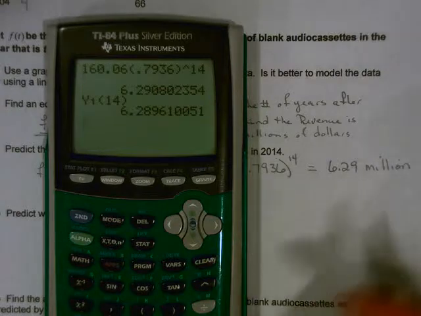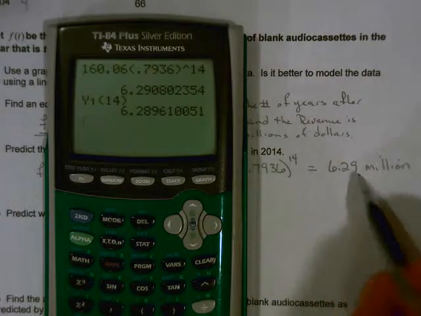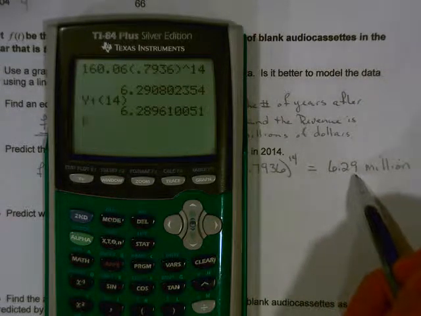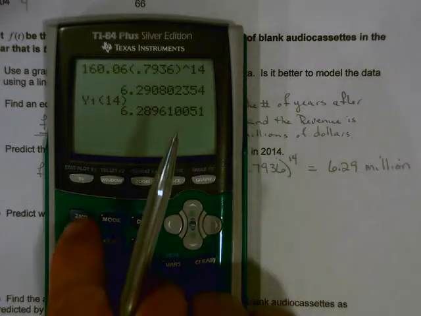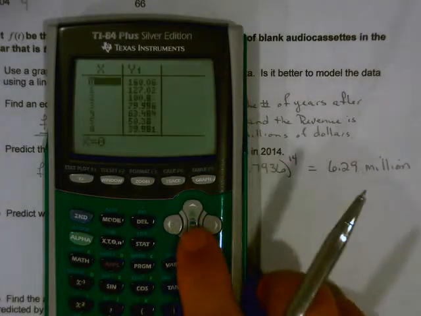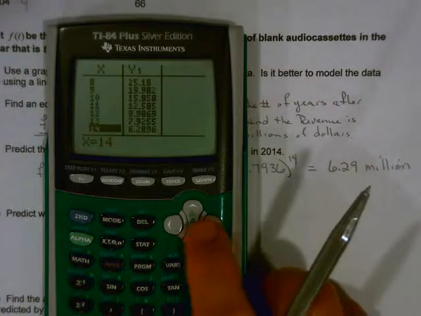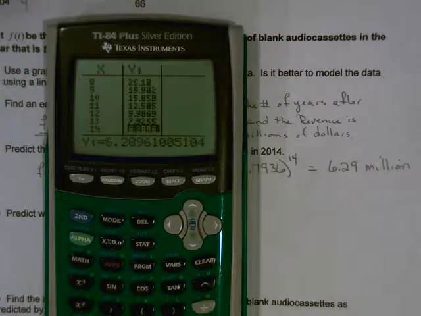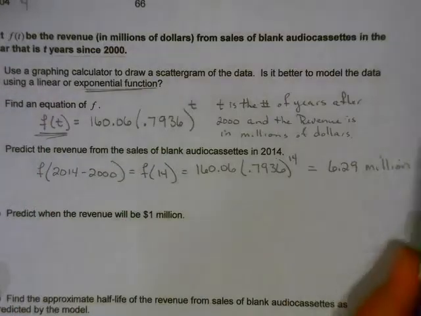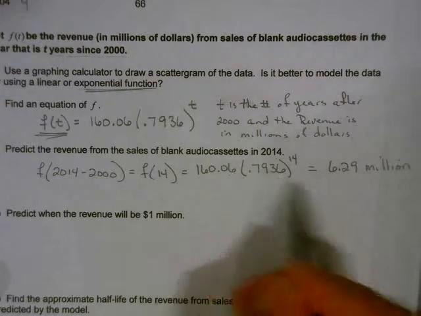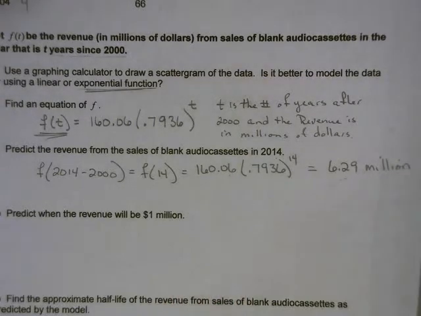It's off a little bit, but to the nearest hundredth, it's still 6.29 million. If you were to go to your table, you could also scroll down to 14 and then go over, and you're going to see that answer again. So there are different ways of using the exact values that your calculator gets versus the rounded. But if you try not to round too much for these numbers, you should be relatively close.